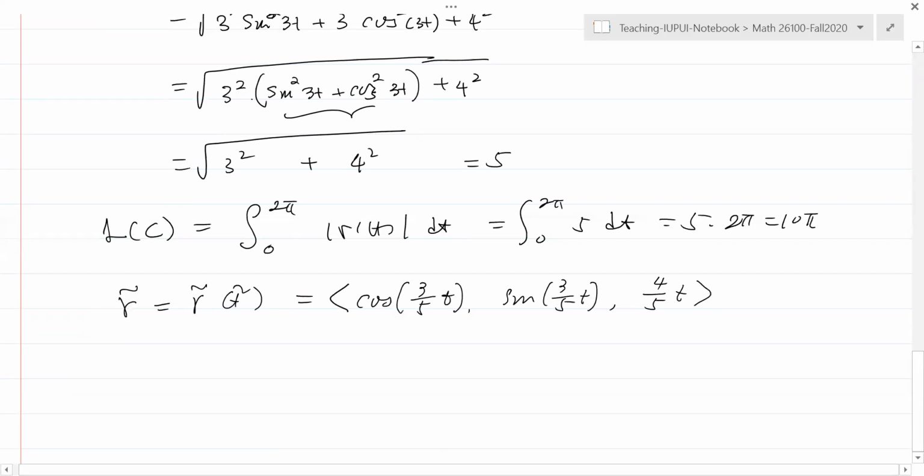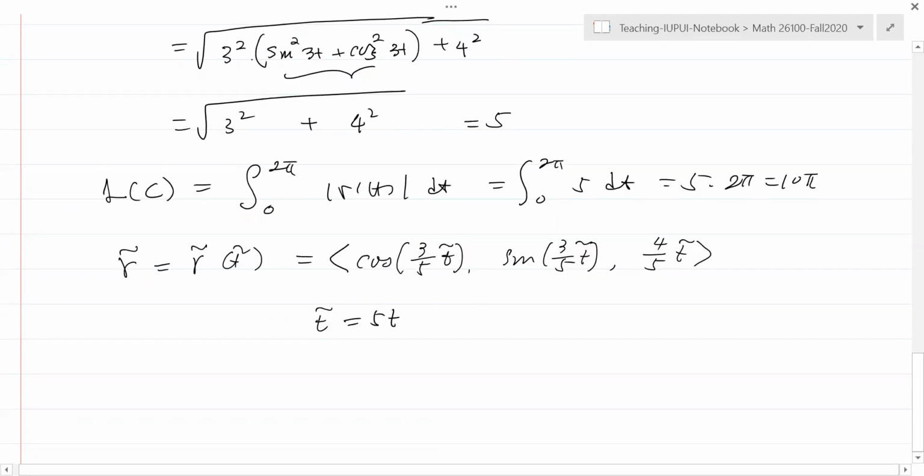Now, this is T tilde. In order to get a complete curve, T tilde is going to be 5t. So basically, I let T tilde be 5t.